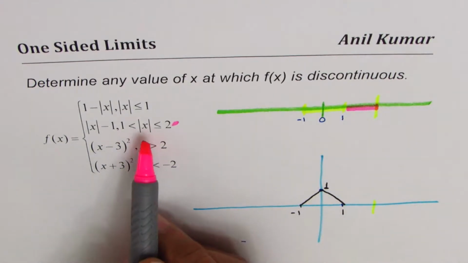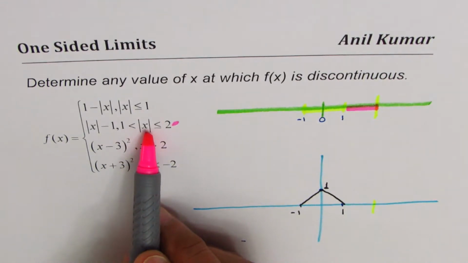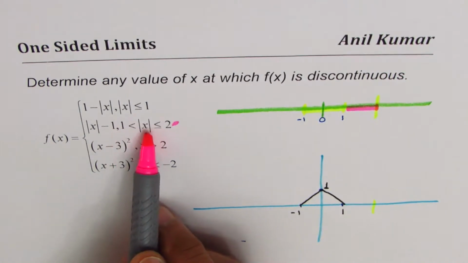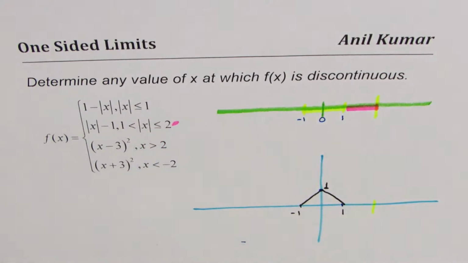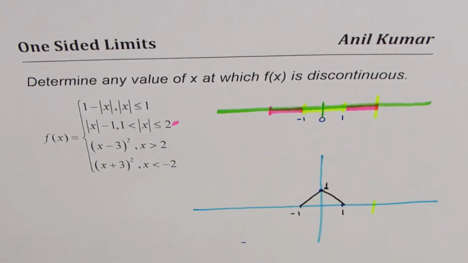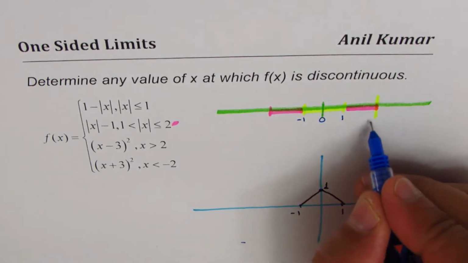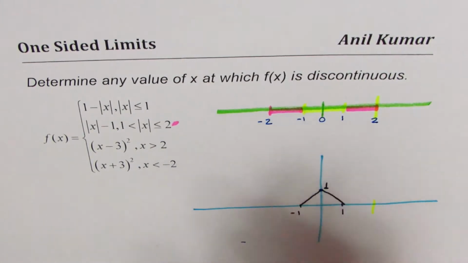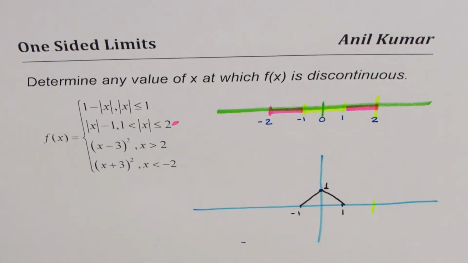If I write x as minus 1, then that becomes one limit. Minus 2 is also within our limit of 2, correct? So we are talking about the interval from 1 to 2 or from minus 2 to minus 1.